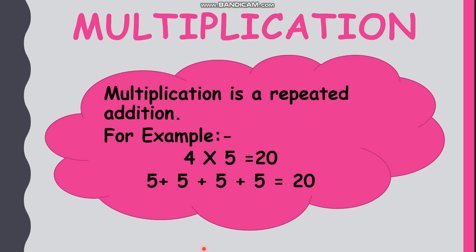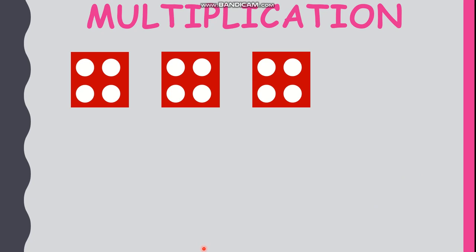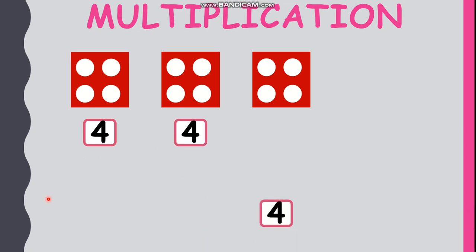Now let's understand this with some more examples. Imagine you have 3 squares and there are 4 circles on each square, like 4, 4 and 4.